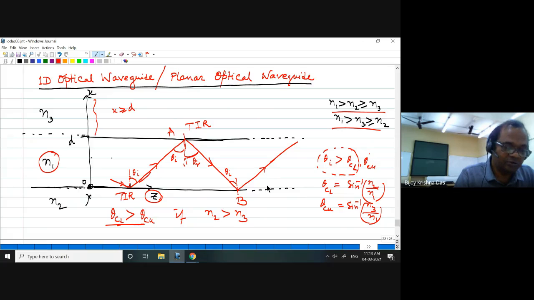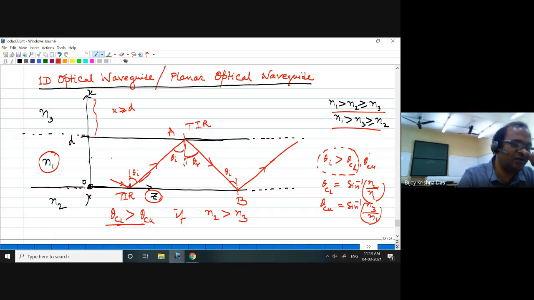Now if I ask you, do you need any assumption about what is happening along the y direction? Along the y direction, is there any finite length you have to consider or not for a planar waveguide? Anyone? When I say planar optical waveguide or 1D optical waveguide, I have shown it in one dimension, right?